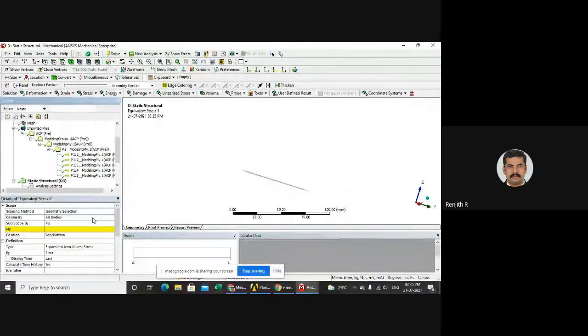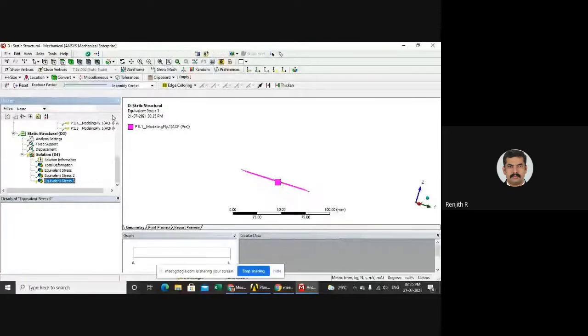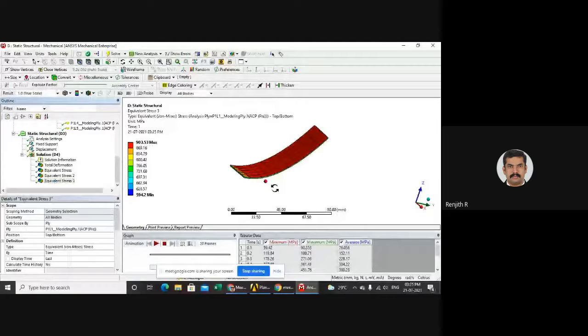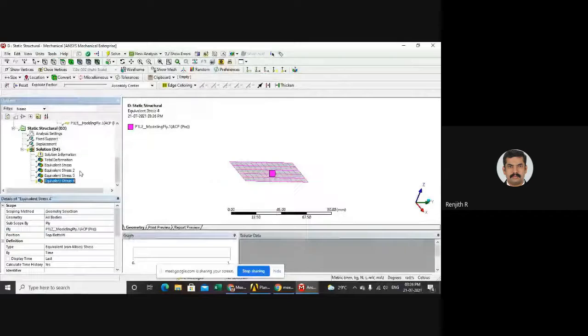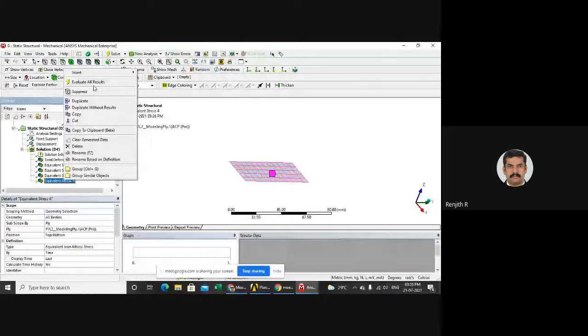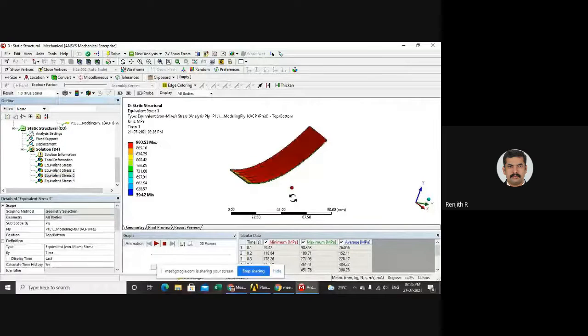If you go to plies, for example, I want the first ply stress, apply, and if you evaluate that, you'll get the stress result for the first ply. And if you want the second ply, you will get the second ply results. The results are varying. You can see the variation here.